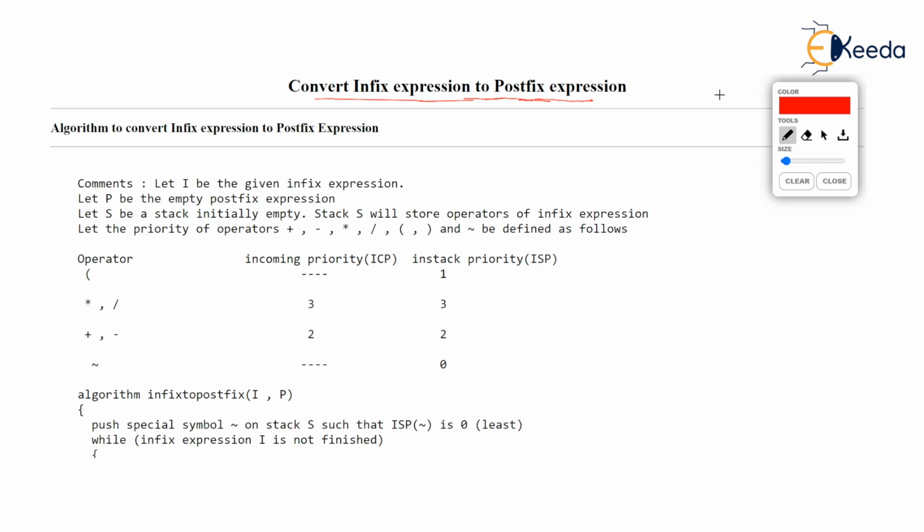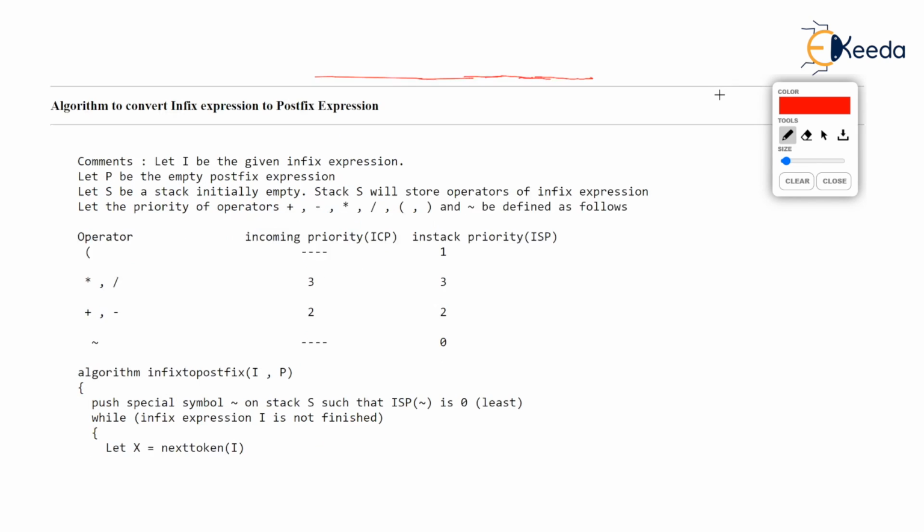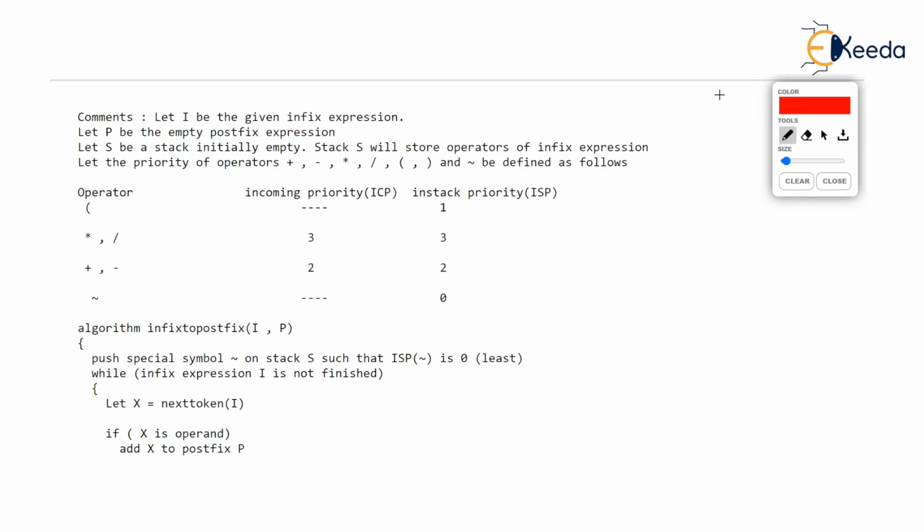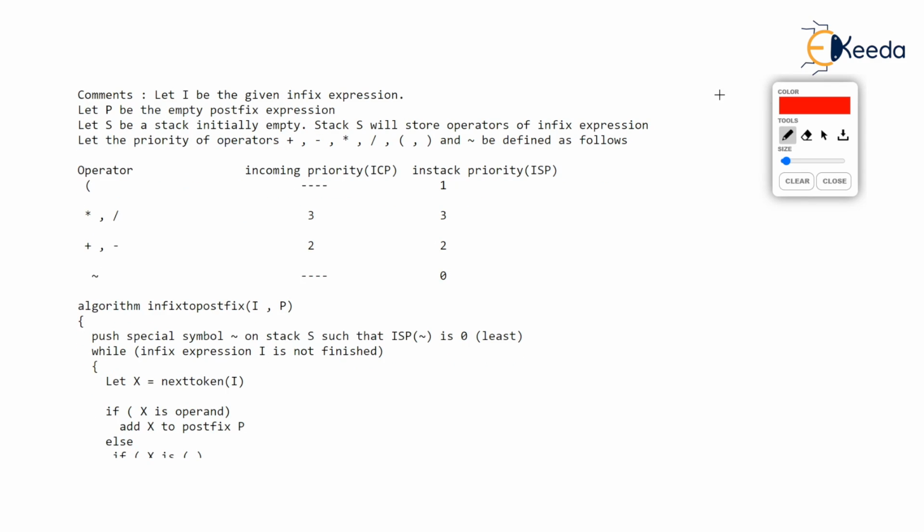closed, infix to postfix. You recall that the stack that we used for converting infix to postfix had initially a symbol called tilde. Observe, in the beginning of the algorithm, we pushed a special symbol tilde on the stack such that in stack priority, ISP of tilde is 0, that is least.